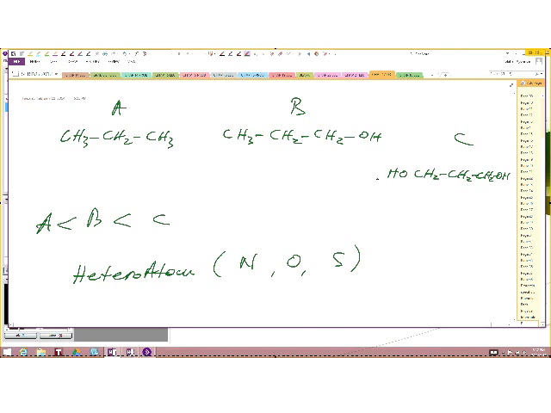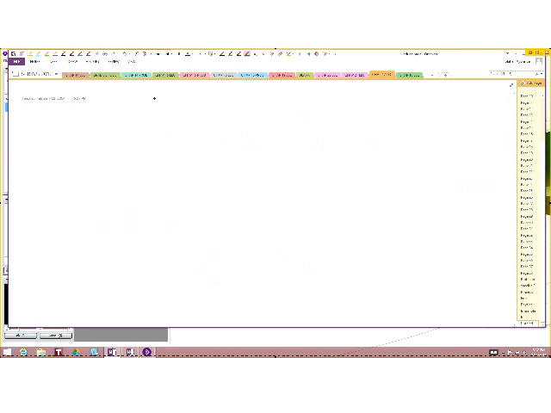Now let us get to the nomenclature of alcohols. The IUPAC nomenclature of alcohols is derived from the name of the corresponding alkane or alkene.